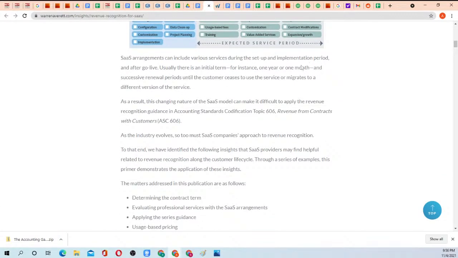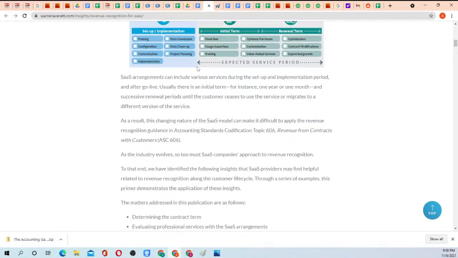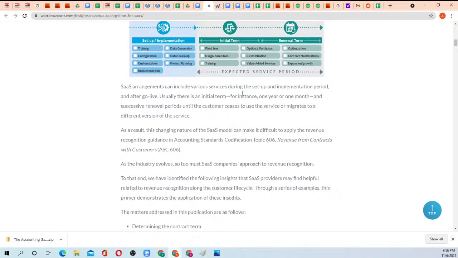SaaS arrangements. I will not read it out loud, but I will highlight any terms which I think you might need to get an understanding. So renewal. I probably think you understand what renewal is.